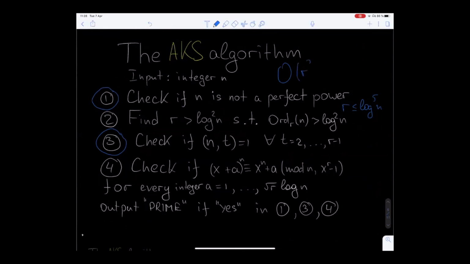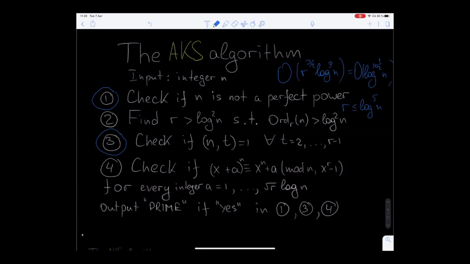It was r to the 3/2 log cubed. That was the dominating one, and this is roughly log to the 10 and 1/2 of n. The algorithm runs in this time.